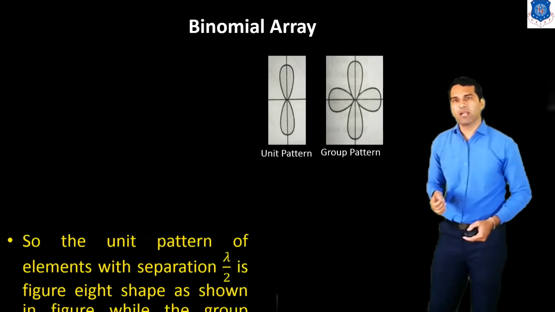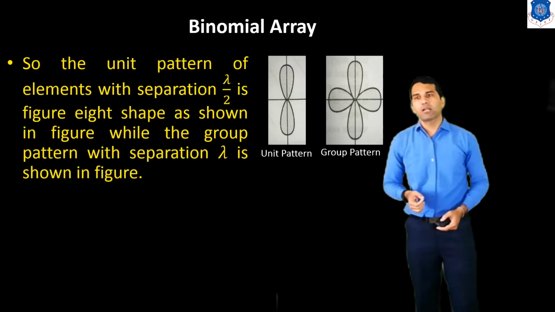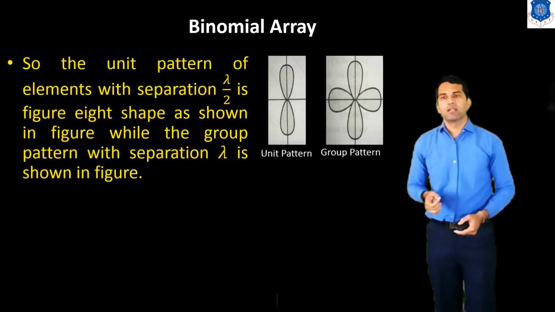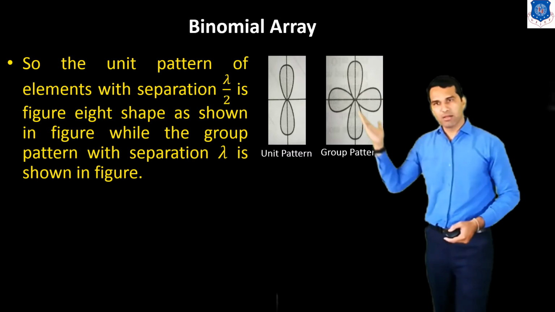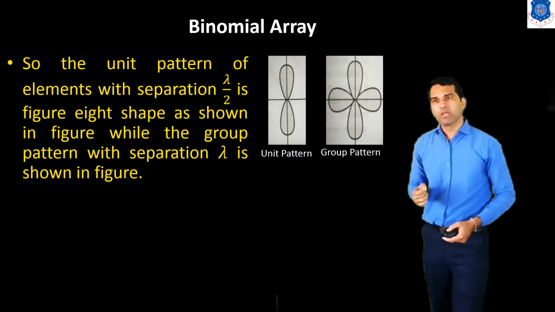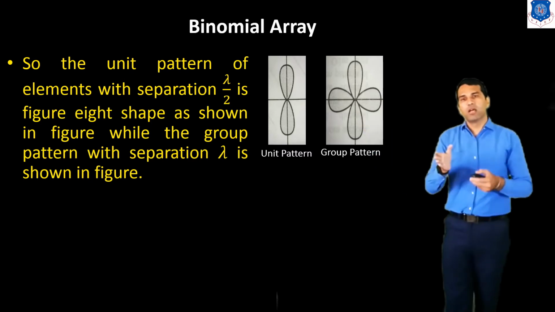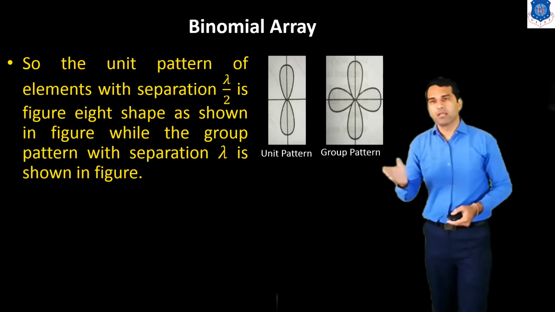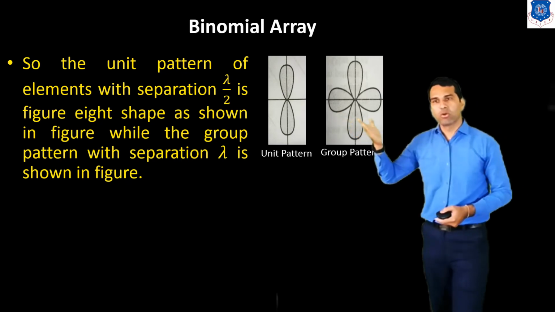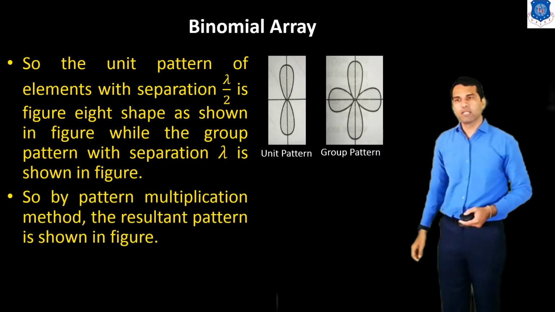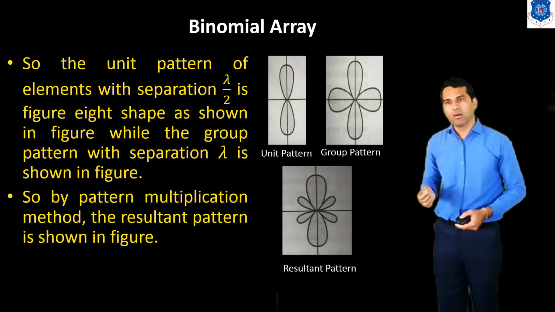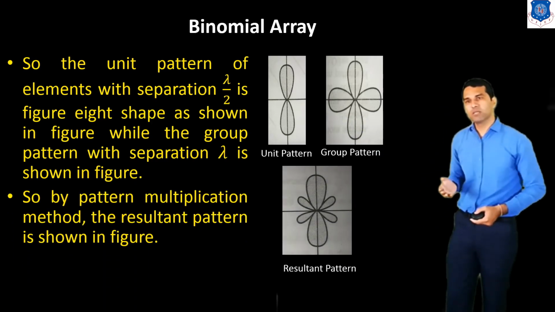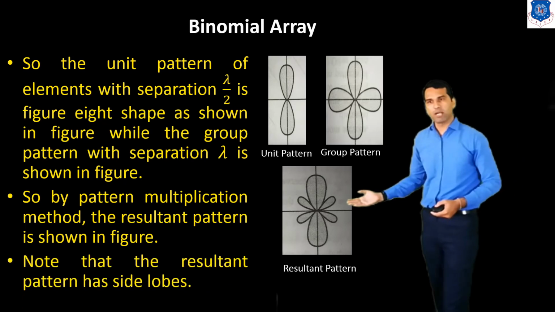So the unit pattern of the elements separated by lambda by 2 is the figure 8. We know that in pattern multiplication, the same applies for the distance between the 2 groups being lambda. So we get this pattern. This is the group pattern.